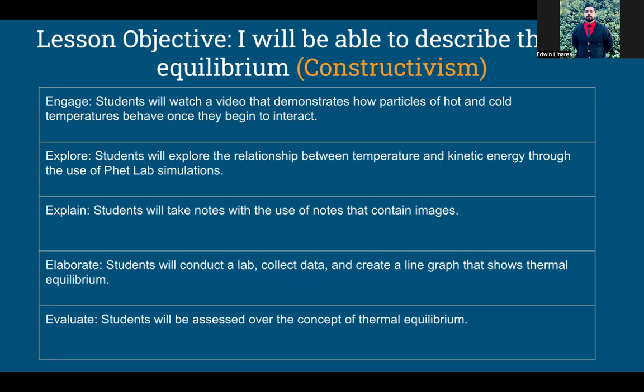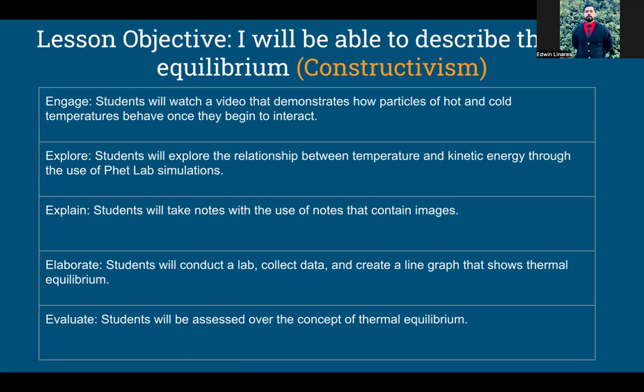So for the engage phase, the students will watch a video that demonstrates how particles of hot and cold temperatures behave once they begin to interact. In the explore phase, students will explore the relationships between temperature and kinetic energy through the use of PhET simulations.